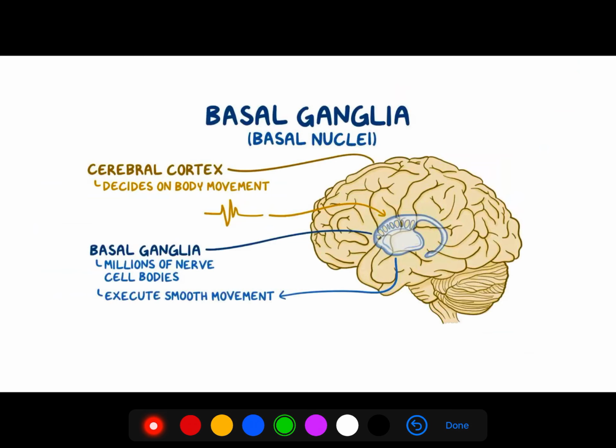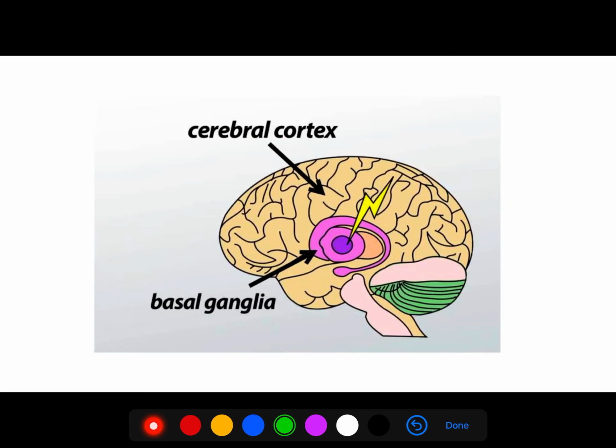So basal ganglia decides on body movement, but cerebral cortex decides on body movement here, and it is the basal ganglia that executes smooth movement. So this is cerebral cortex, all of these areas, each one for a different task.